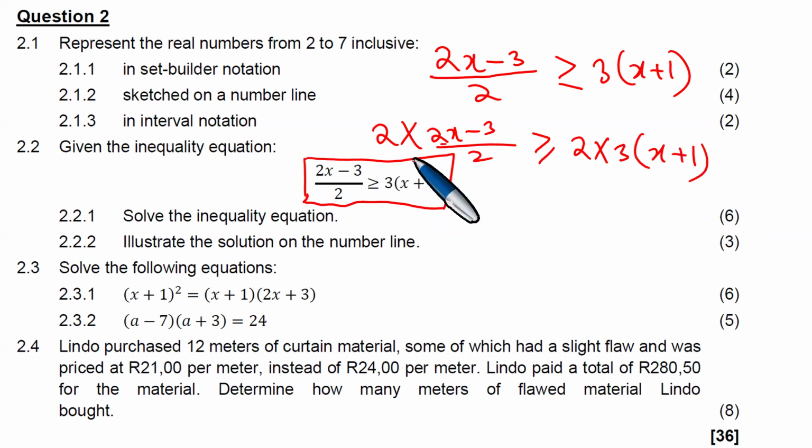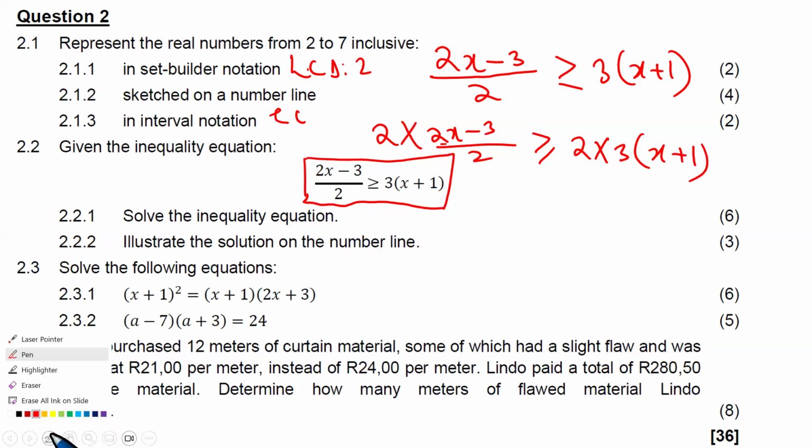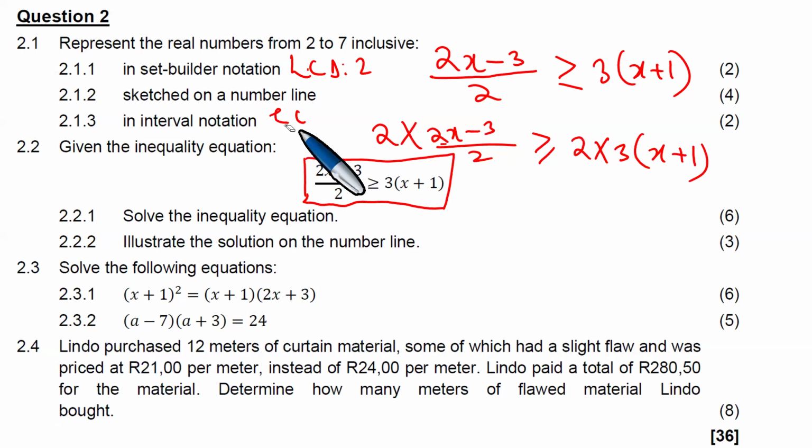So you can multiply both sides by the LCD. The 2 becomes our lowest common denominator. Take note of that. We multiply through by the LCD and we get this result, so that the 2 cancels.